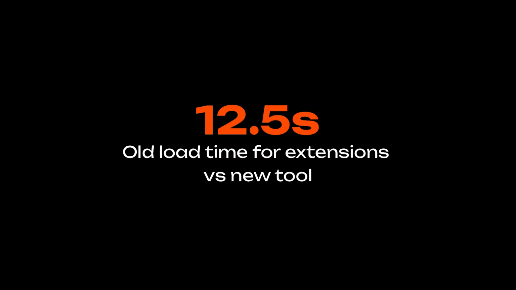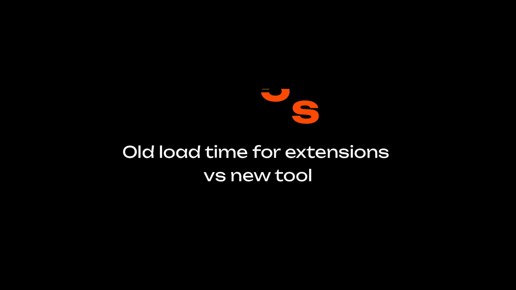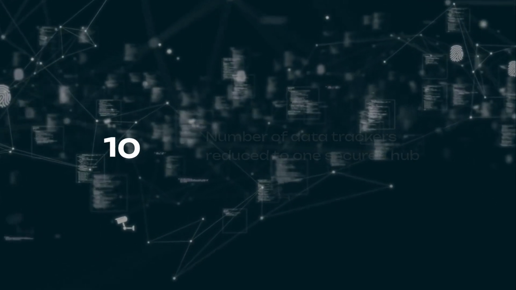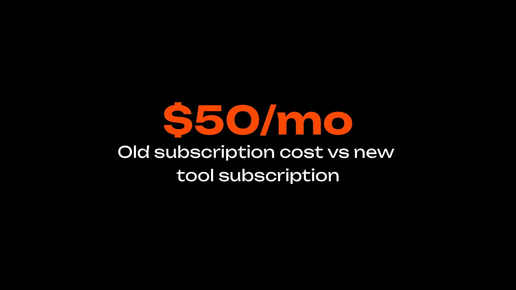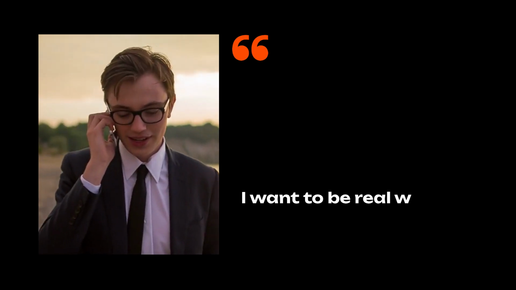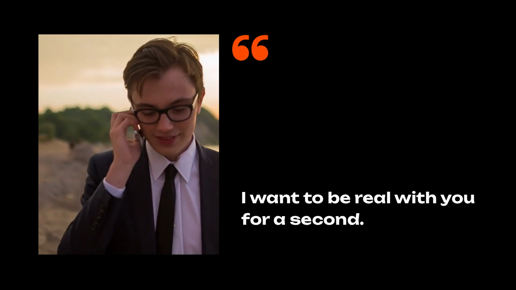Speed: 12.5 seconds load time versus 1.2 seconds. Privacy: 10 data trackers versus 1 secured hub. Cost: $50 per month, multiple subs, versus $15 per month, 1 sub. Effort: constant tab switching versus 1 shortcut flow.